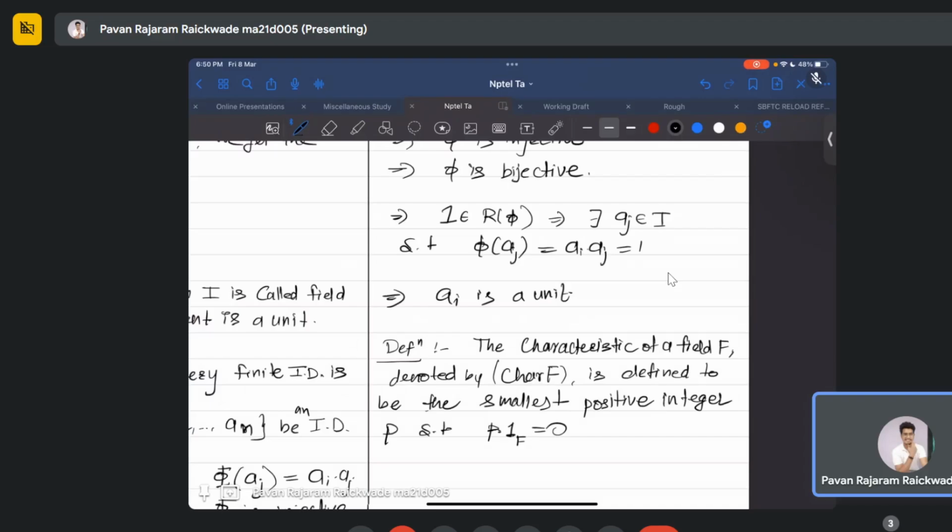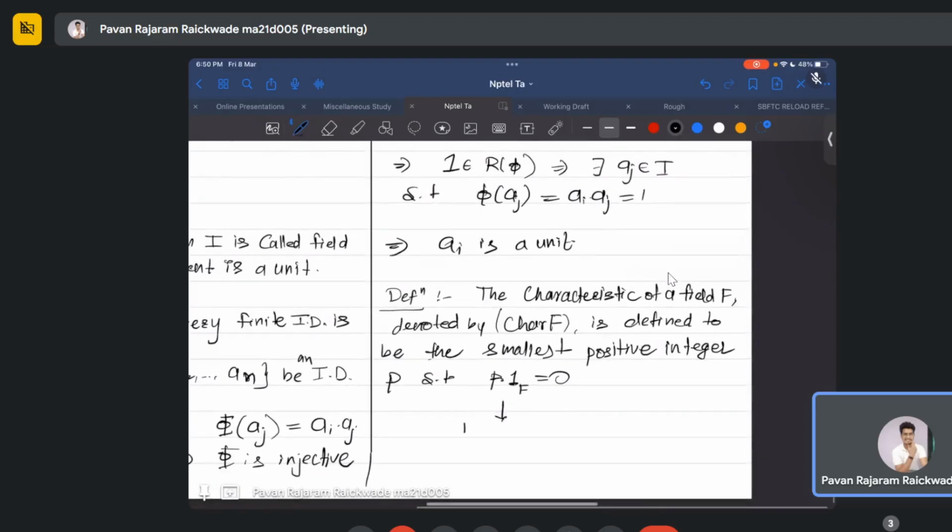This is simply 1, the identity of f, plus 1 plus, p times. Okay, so if you add 1 p times and you get 0, then the field is of characteristic p.